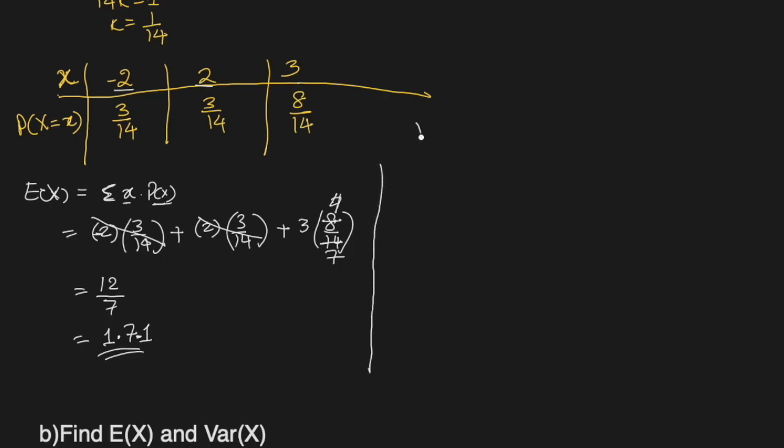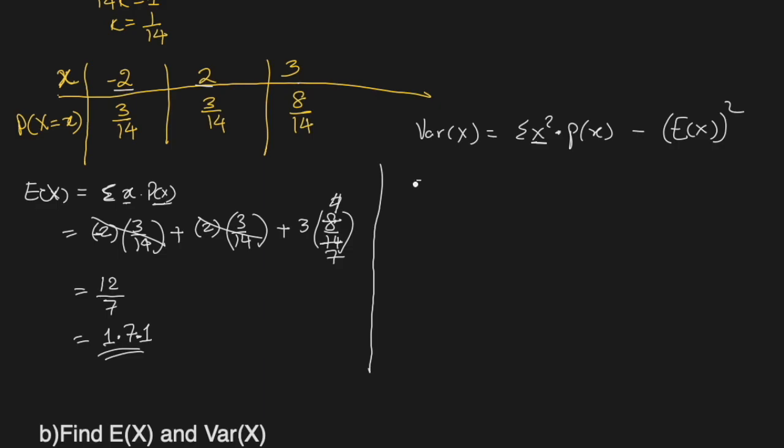What about the variance? The formula for variance is sigma x² p(x), which is multiplying and then subtracting the square of the expected value. So in this case we have to square each x: -2, 2 and 3.